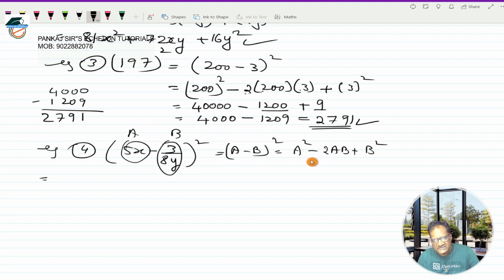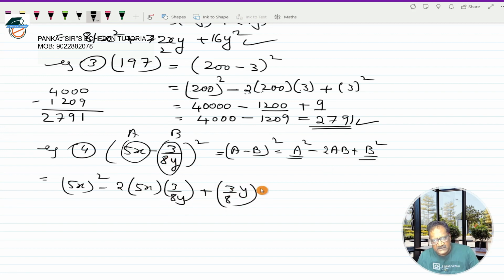So a square will be 5x the whole square, minus 2ab will be minus 2 into a is 5x, b is 3 upon 8y, plus b square will be b is 3 upon 8y whole square.